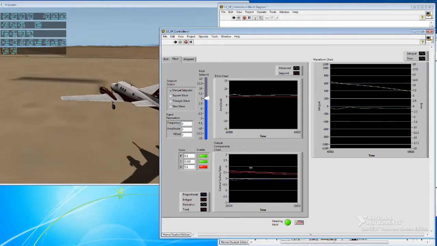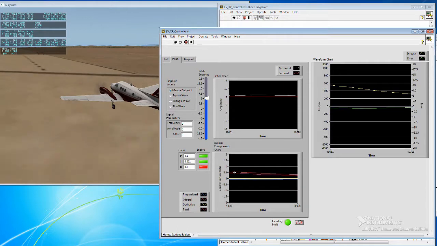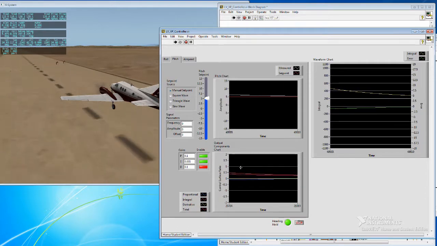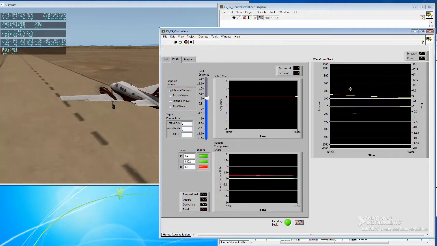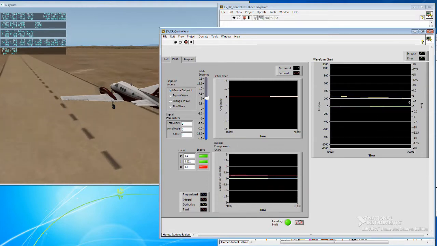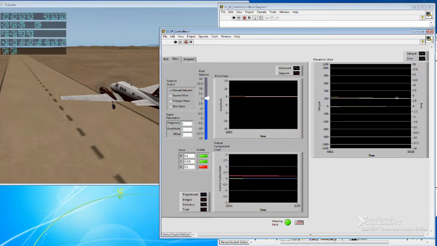We can see that our system, whilst it started off the same as the last example, because that integral was capped, has come down very quickly towards what its steady state value is actually going to be.